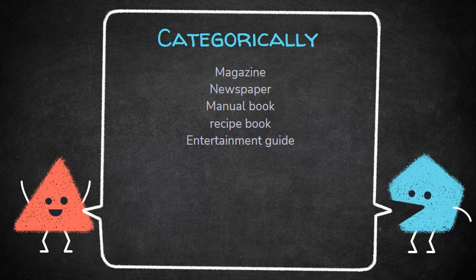And also the recipe book, where there's a chapter that writes the recipe of food, the recipe of drink, and the recipe of snack. So it's different based on the category. And then the entertainment guide.